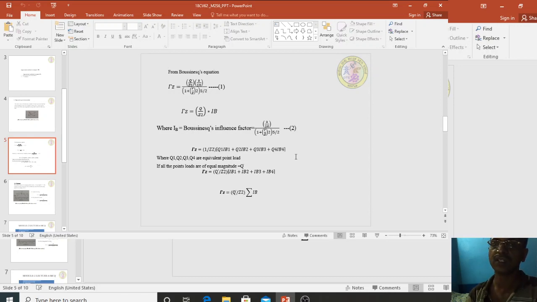Then your sigma z will be equal to Q dash by z square into IB1 plus IB2 plus IB3 plus IB4. Therefore sigma z is equal to Q dash divided by z square into the summation of IB.